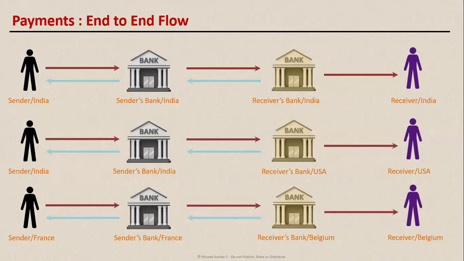But since they are part of SEPA, they can use the SEPA payments using euro. So that's what you need, to be part of the SEPA group. There are 38 countries, and they have segregated them like European Economic Area, non-European Economic Area, something like that. If you are part of any one of those, then you can use the SEPA payment systems.